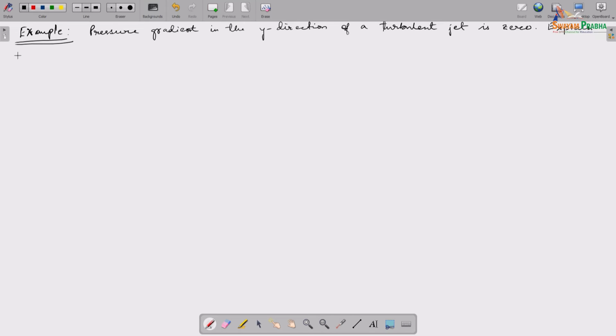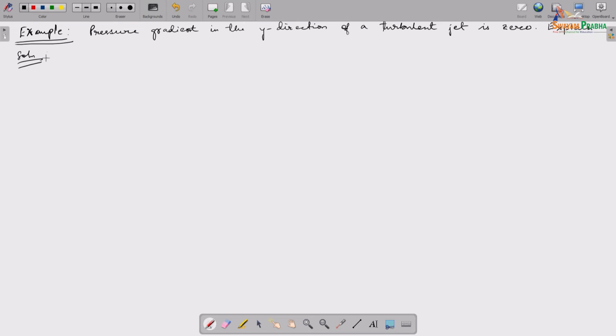Explain. Okay. So I think we've done this in detail earlier, but let's take a relook at it. Okay. So pressure gradient in the y direction of a turbulent jet is 0. What do we mean by that?